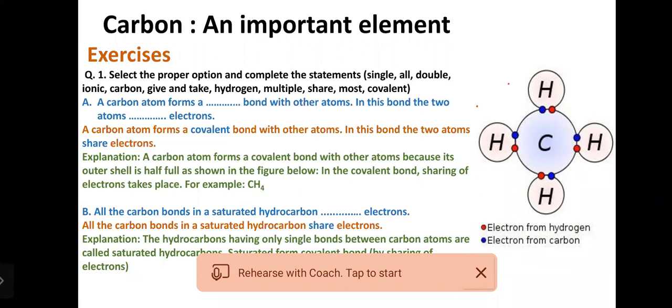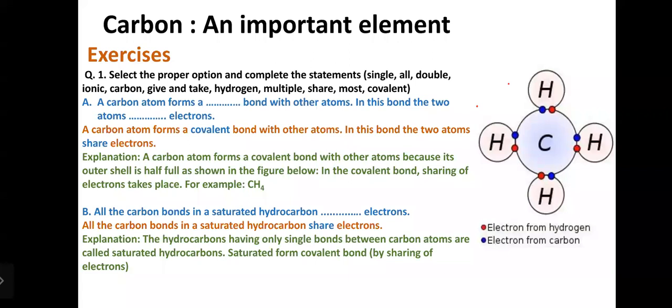Among these words we have to select and fill the given blank. First question is, a carbon atom forms a blank bond with other atom. In this bond, two atoms blank electron.